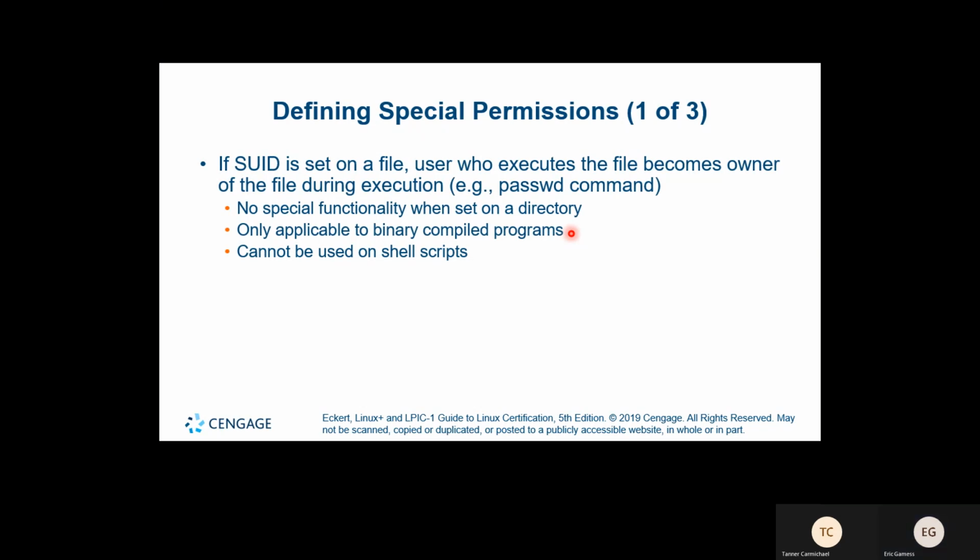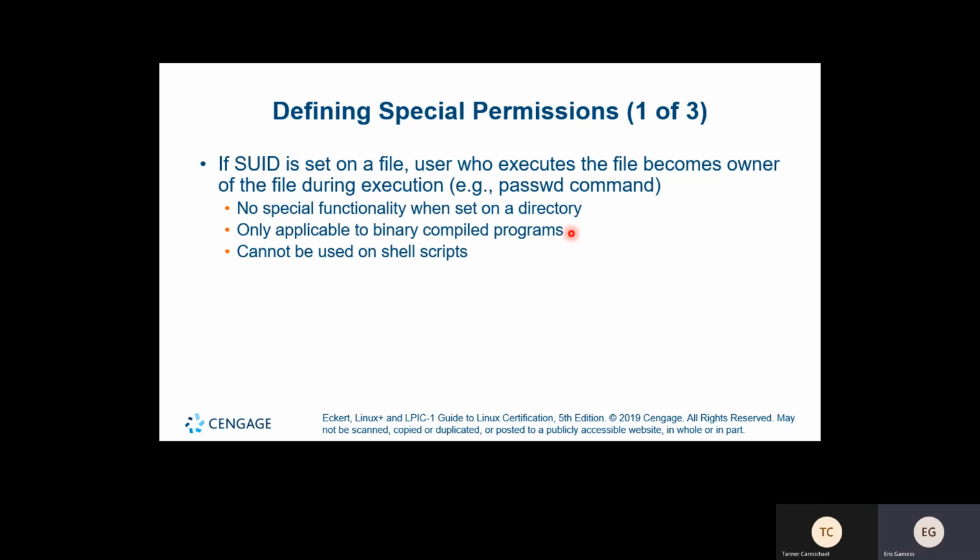So, for example, let's say that this file, an executable file, belongs to the user root, and Eric executes the file. So the real user will be Eric. But while Eric executes this file that has the set user ID bit set, he will have extended rights.